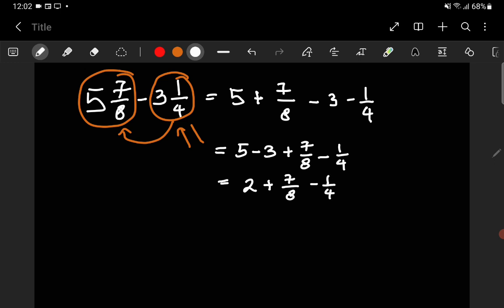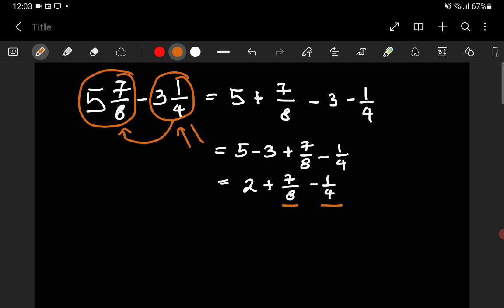After that, remember, when you're dealing with subtraction involving fractions, you need to make the denominator the same. This one is not the same, 8 and 4. What is the smallest number that can be divided by 8 and 4? Or the other way to say it: what is the smallest multiple of 8 and 4?